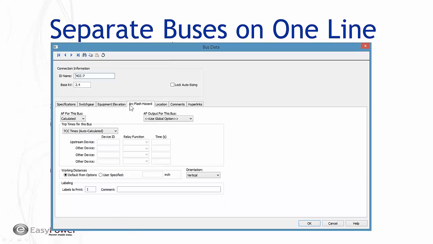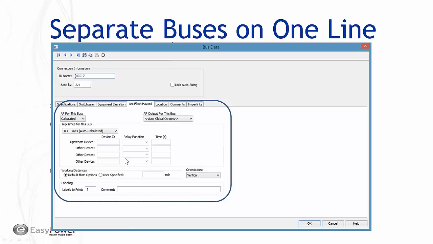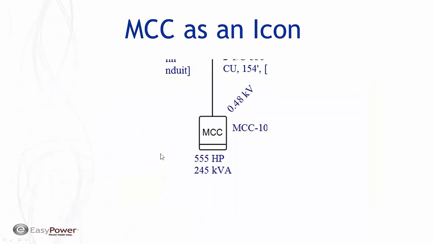Then as we get ready to go into an Arc Flash study, we can designate how this particular system, MCC or bus, is handled, and the discussion becomes whether or not we utilize the global conventions for doing Arc Flash calculations, or if we isolate this particular system or do something special. We'll talk a little bit about that, because that's another key feature for any bus, as all these elements apply to any bus that we put on the system.